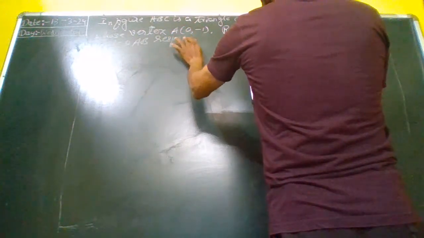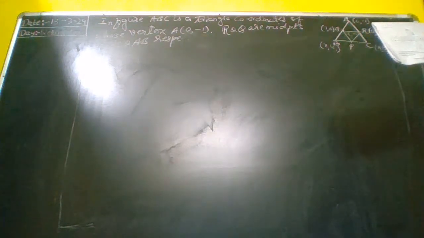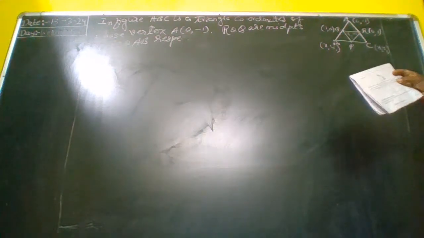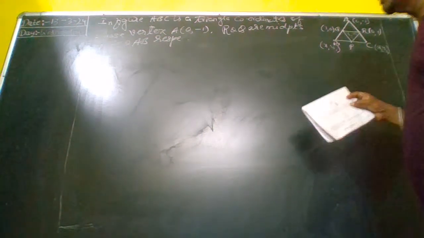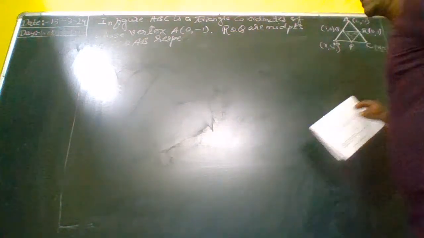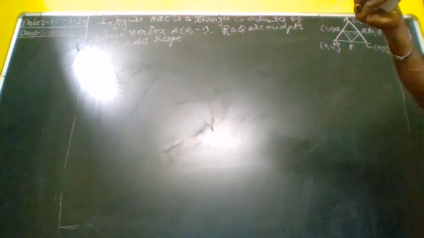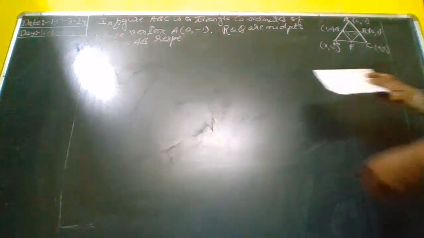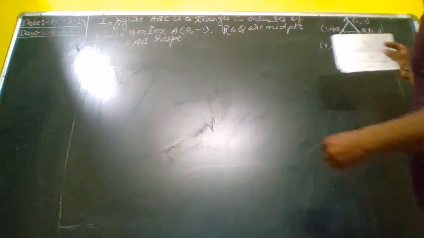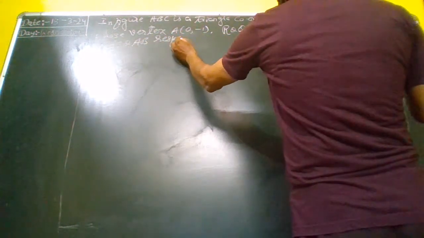Where is it? Q and R. Looking like, but not. This is R and Q, not actually R Q Q. Okay, fine. So here, A of (0, -1), R and Q are the midpoints of AC and AB respectively.